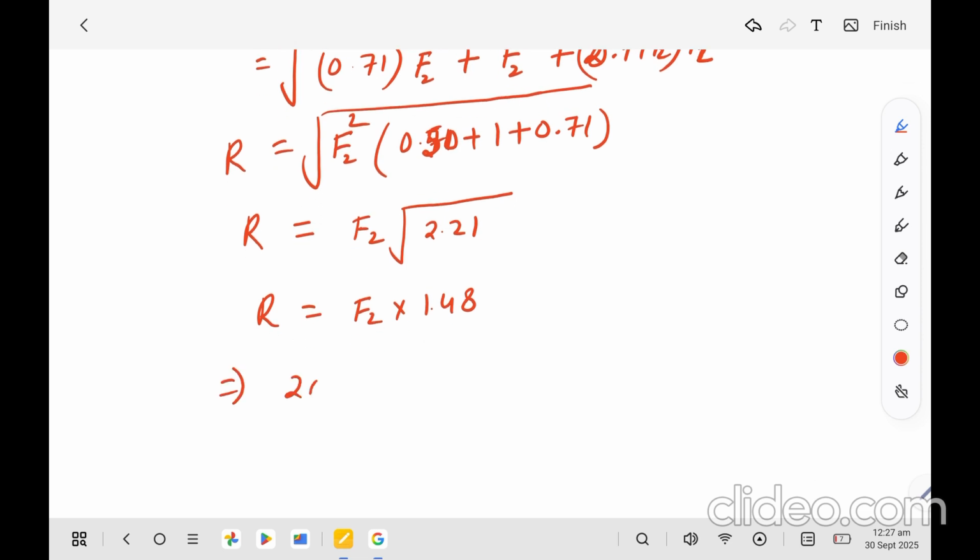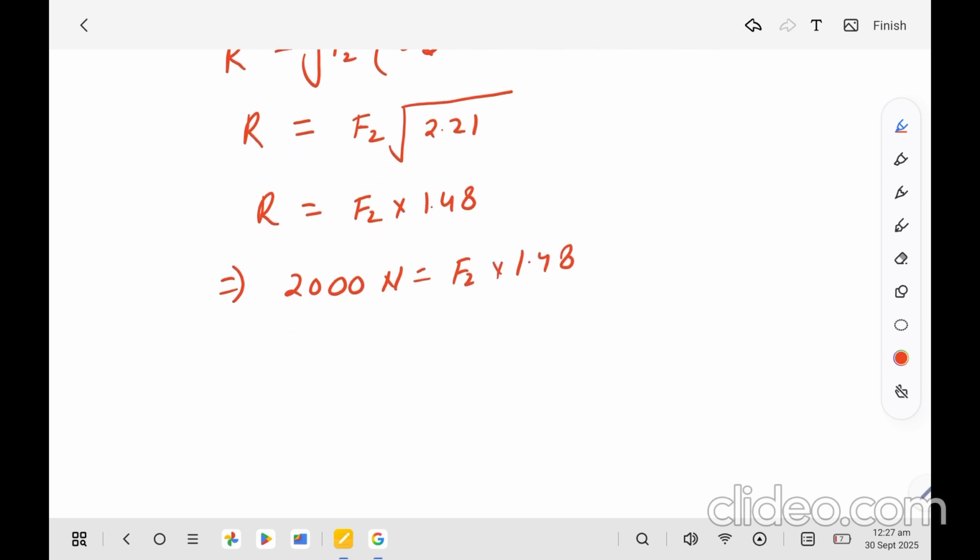So R is 200 Newton equal to F2 into 1.48. Okay, so F2 is equal to 200 divided by 1.48. Okay, so the value will be around 135.14 Newton.